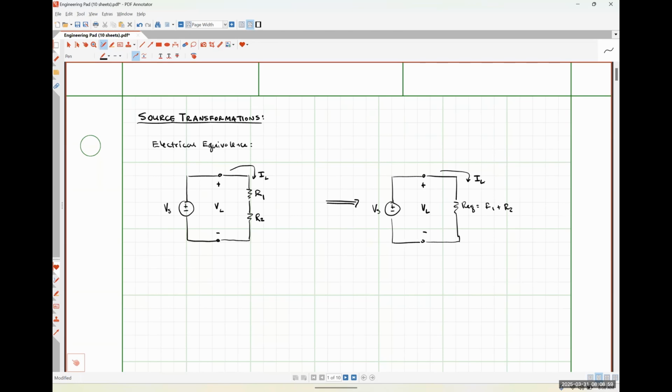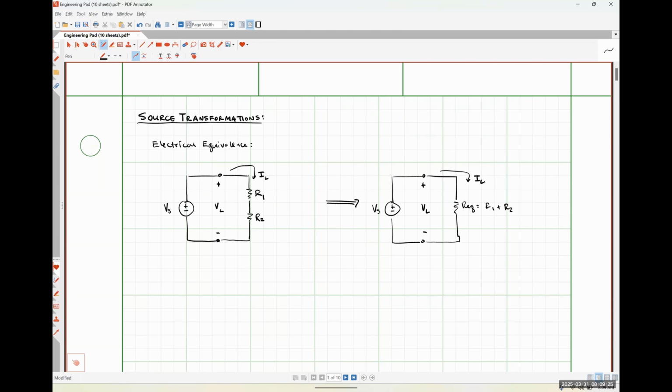And we could do something similar to this for parallel resistances, for voltage sources in series, for current sources in parallel. Effectively, any case where we have been able to replace some combination of circuit elements with a single equivalent circuit element has been exploiting this concept of electrical equivalence.